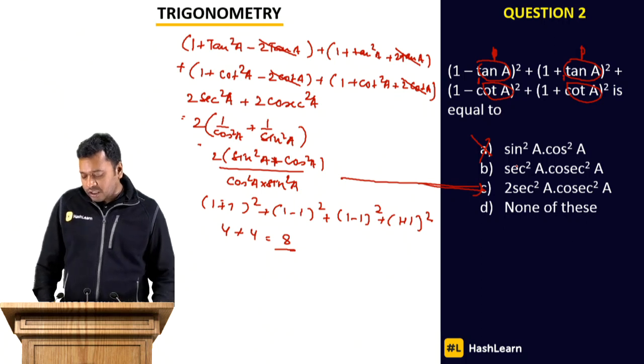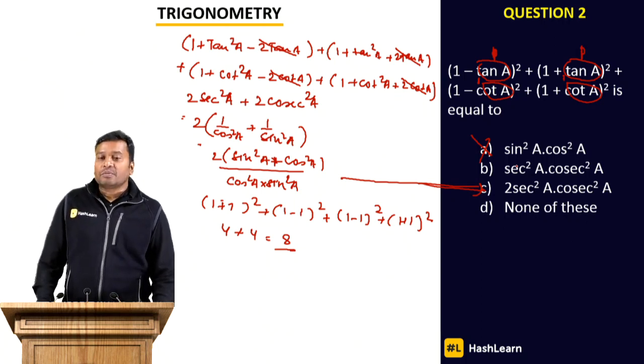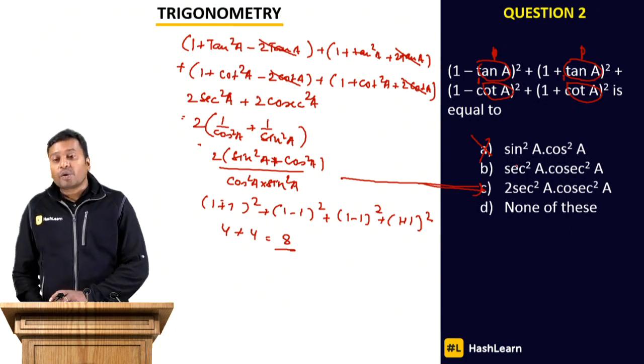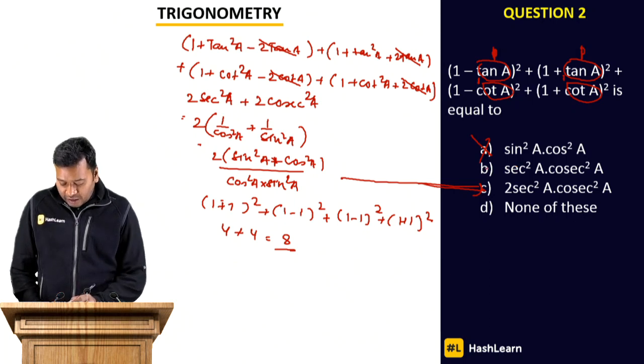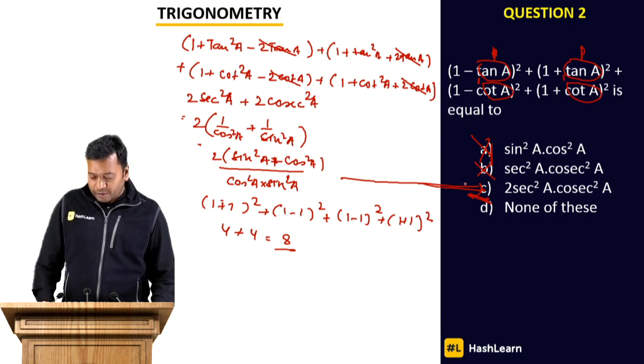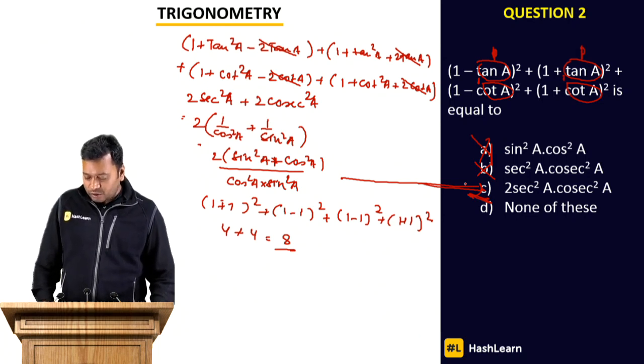Sec cosec, so sec 45 is nothing but root 2 square, right? That means 2, and cosec square is nothing but 2. So 2 into 2 is 4. ये भी possible नहीं है. ये एक value है which can be possible. 2 sec square a cosec square a, right?